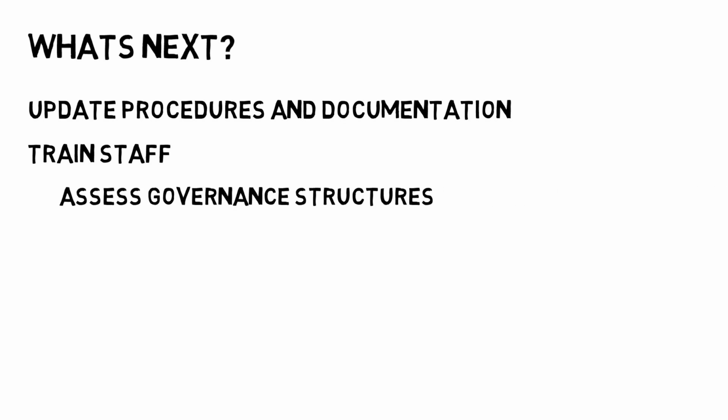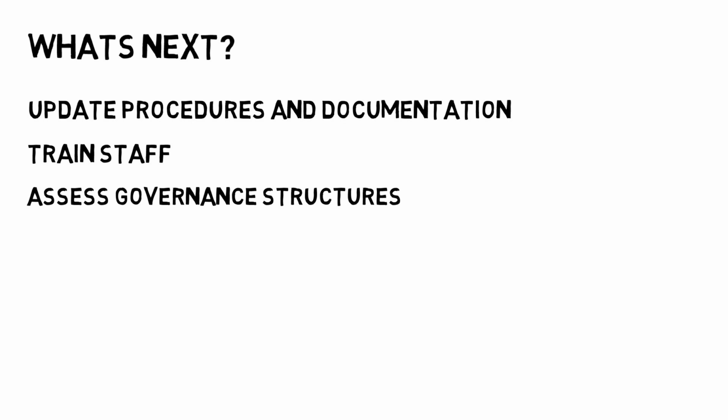Assess governance structures. Evaluate whether existing governance frameworks meet the updated standards. Monitor and adapt. Develop plans for continuous process monitoring to maintain compliance. Ensure robust risk management principles and remain adaptable to industry changes.